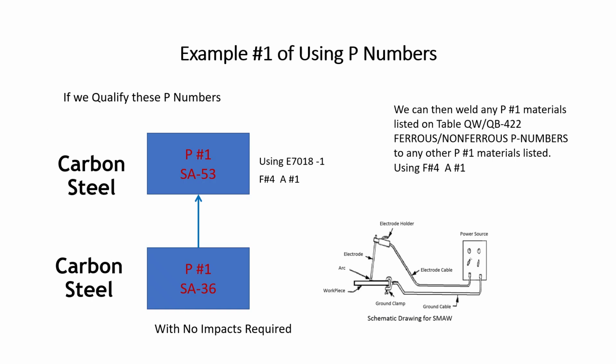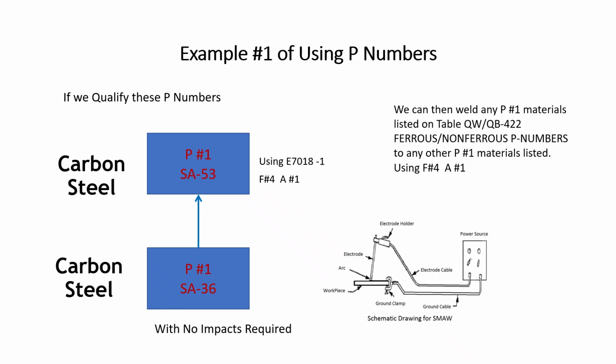Here would be an example of using P numbers. Let's say I'm going to qualify carbon steel P number 1 SA53 to P number 1 SA36. This is general run-of-the-mill carbon steel materials. Let's say I'm using E7018-1, which is an F4A1. We're not going to talk about that, but just to keep everything consistent, we're going to use shielded metal arc.